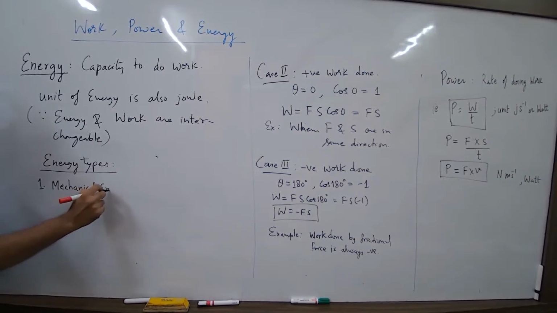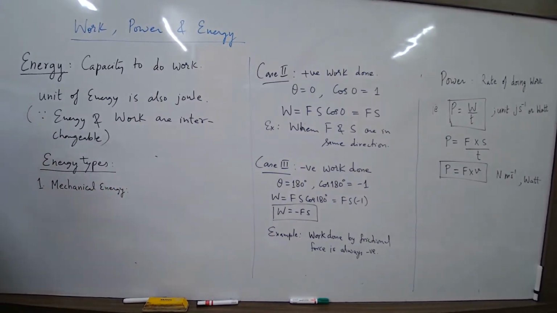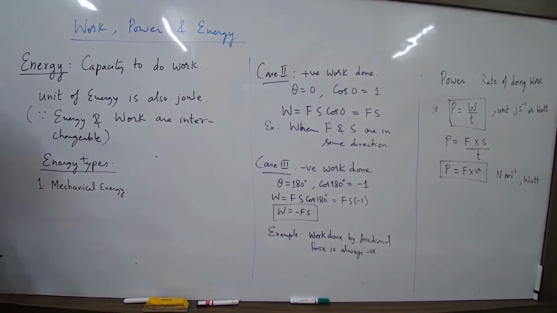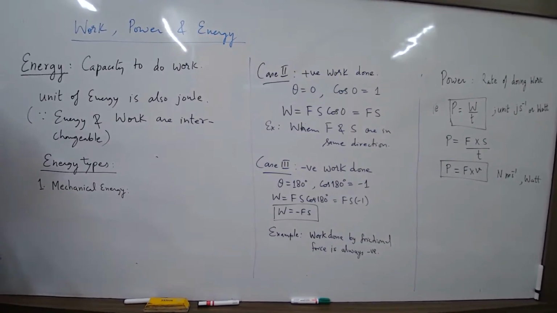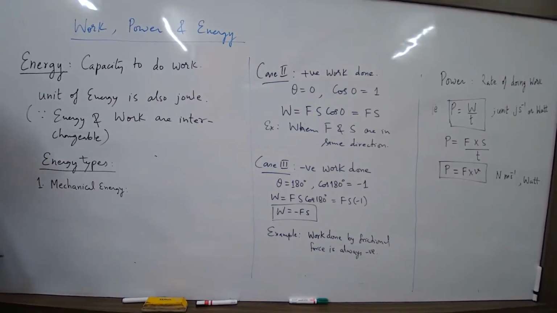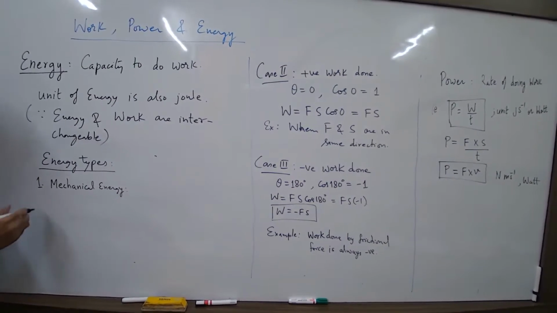Of course, we are going to study it in more detail in the next chapter. What is mechanical energy? Kinetic energy. Mechanic has to do with motion, or the state of a body. We'll explore this in more detail.